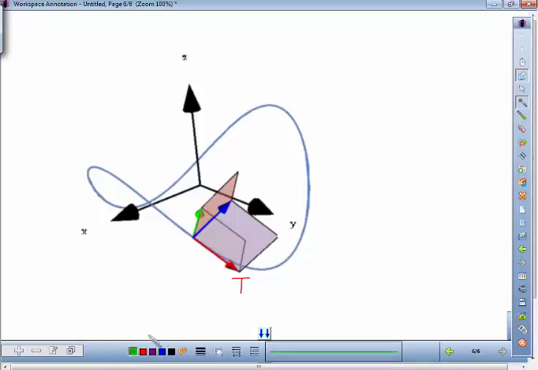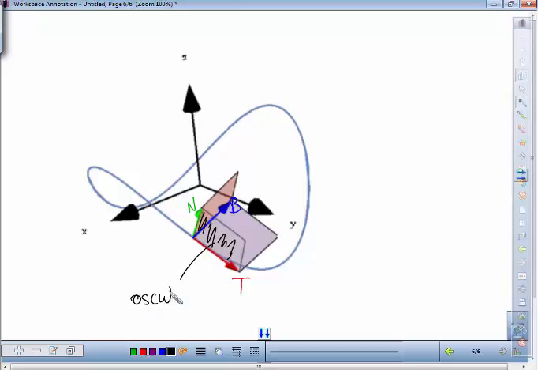The green one, right? Normal. And then the blue one is our binormal. And then the plane that has the tangent and the normal vector is the osculating plane. And then the normal and the binormal has the normal plane.